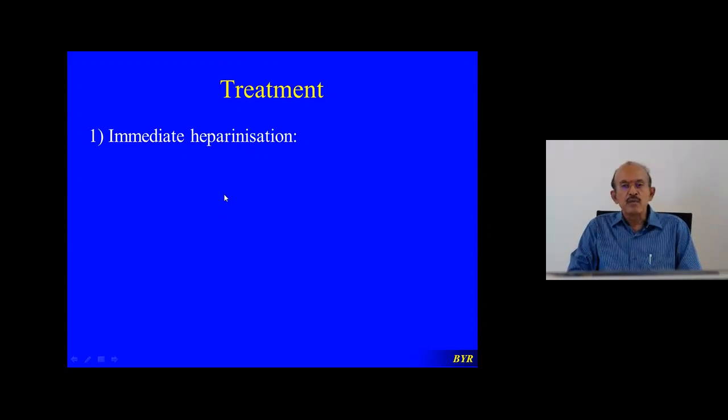So when a patient with acute vascular occlusion comes to you, it can be due to an embolus or a thrombus blocking the vessel. Then what is the need for giving heparin immediately? Just think about it and tell me. It is only for prevention of clot formation. Already the clot is there. It has caused the occlusion. Then why should you give heparin now? Is there any use for that?